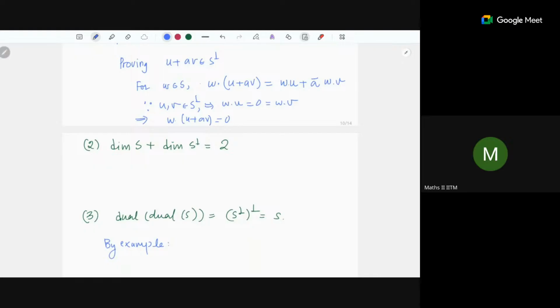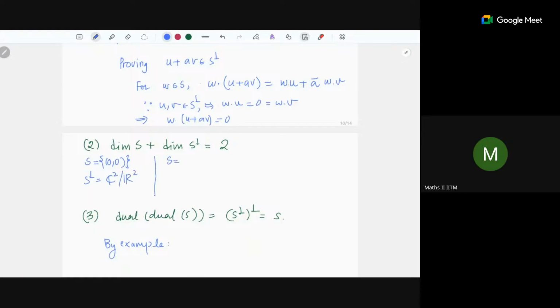So you have three cases. If S is the origin, then S perp is the whole C2 or R2.